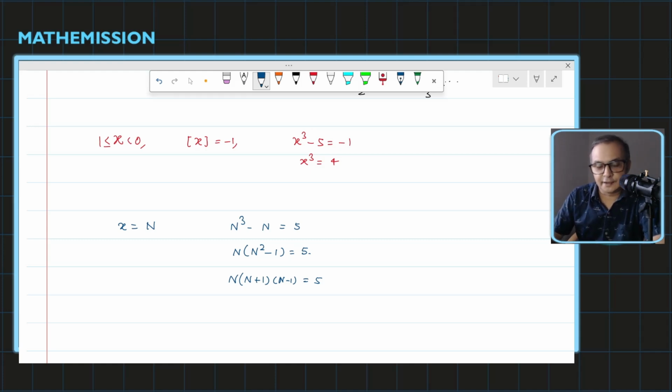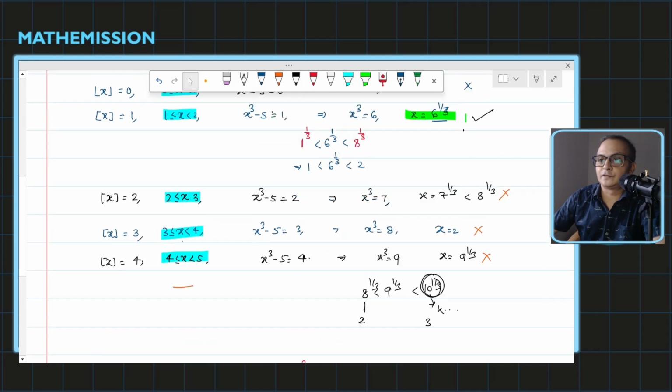Because if you take any 3 consecutive integers, one even number automatically comes between them, and it will make the entire product an even number. Even with two consecutive numbers, you get an even product only. And so this 5 cannot come. So no integer solution is there.